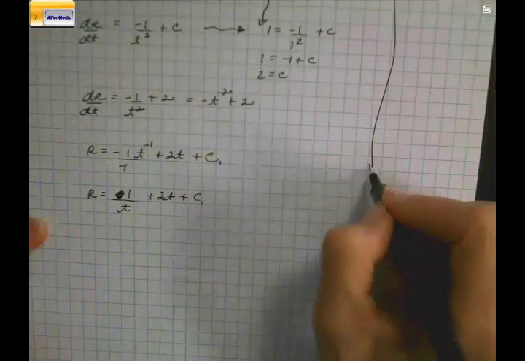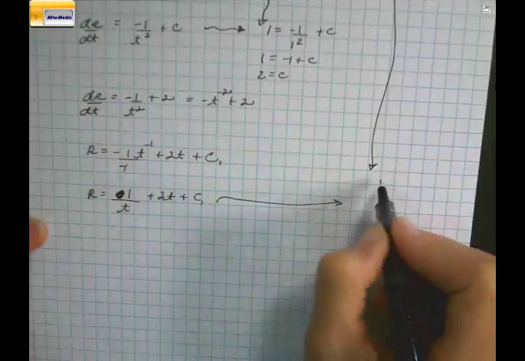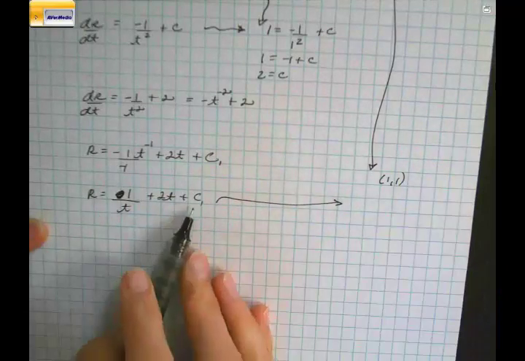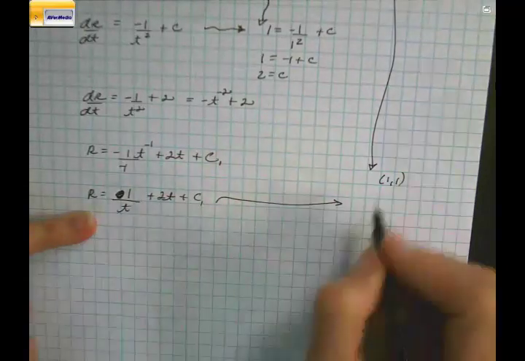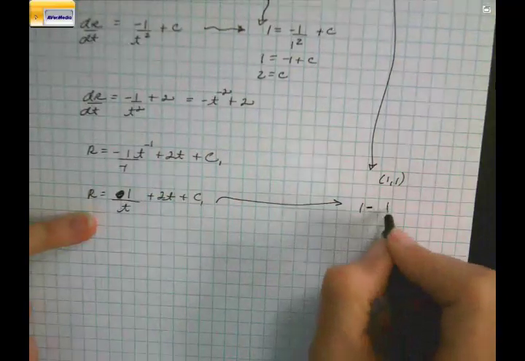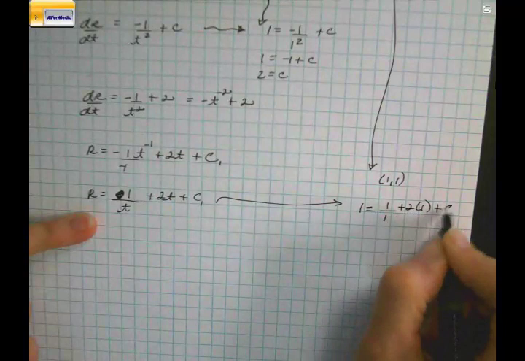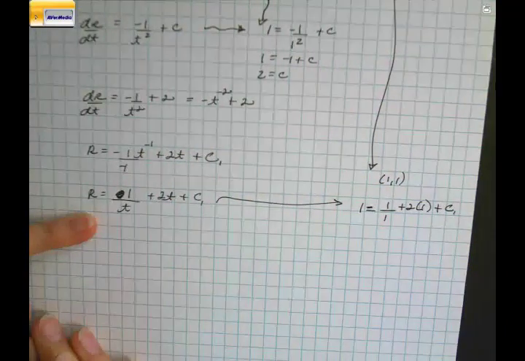Now we were given, I wish they would have done something other than all these 1s. We're given the ordered pair (1, 1) in order to come up with the value of this constant c sub 1. So this is going to say 1 equals 1 over 1 plus 2 times 1 plus c sub 1.